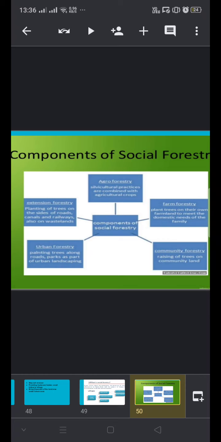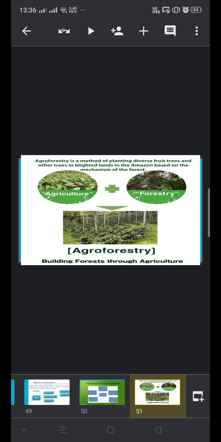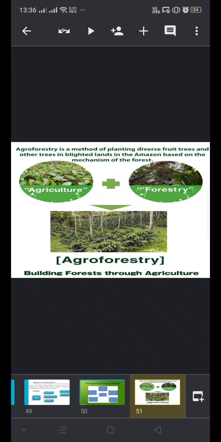Okay, now next is what is agroforestry. It is a method of planting diverse fruit trees and other trees in the blighted lands, and especially in India, the fallow lands where nothing is grown. In those areas where agriculture is practiced, apart from growing crops and rearing animals, the farmer grows fodder and grows trees for fuel.